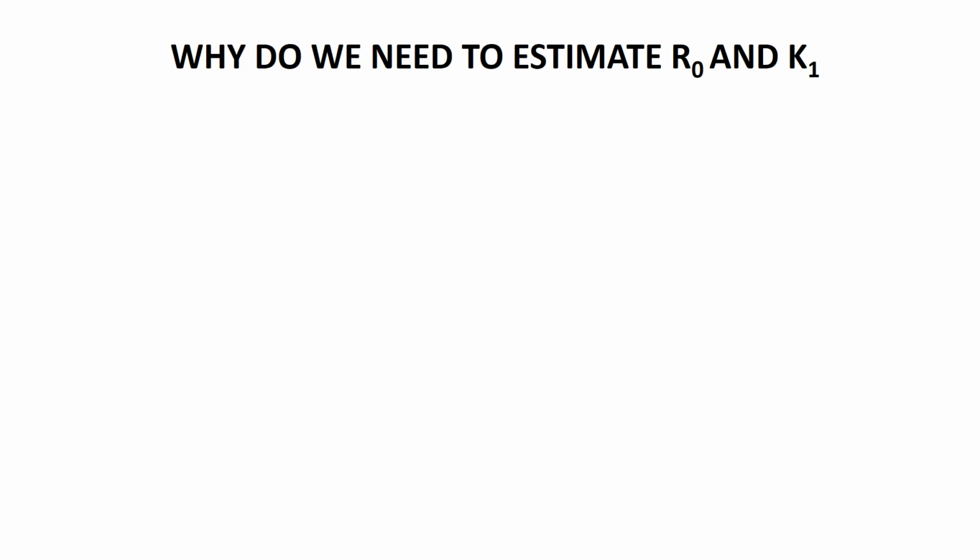So we've explained how we can use R0 and K1 in terms of analysing pandemic spread or mitigating the pandemic effects. But why do we need to estimate R0 and K1, and how do we estimate it? Because we have to know what these values are in real time.